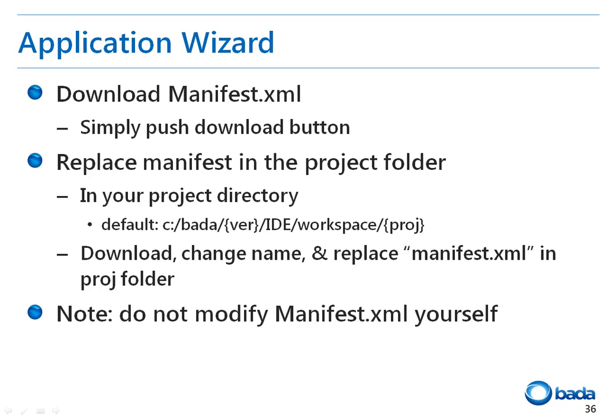Find the project folder, rename the downloaded manifest file to manifest.xml, and put the file in the folder, replacing the default manifest with the downloaded one. The thing you have to remember here is that you must not directly modify the manifest.xml file. This is the most common reason for the rejection of applications on Samsung Apps.